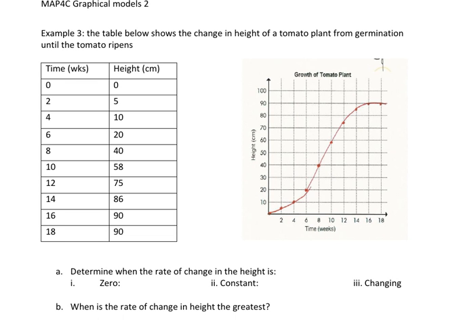So, the table below shows the change in height of a tomato plant from germination until the tomato ripens. So the height of the plant from the minute that they germinated until it just becomes ripe. The first question is asking you to determine when the rate of change in the height is 0.